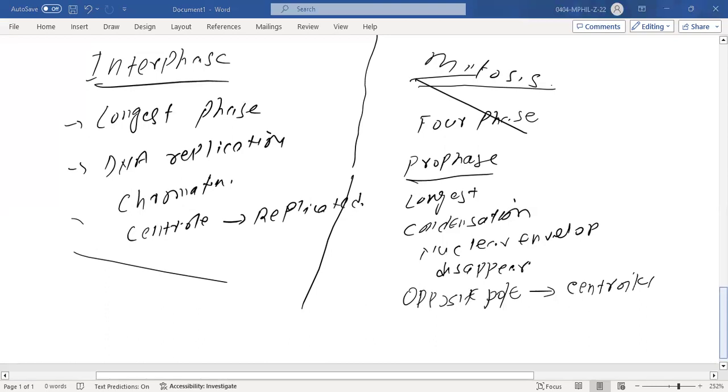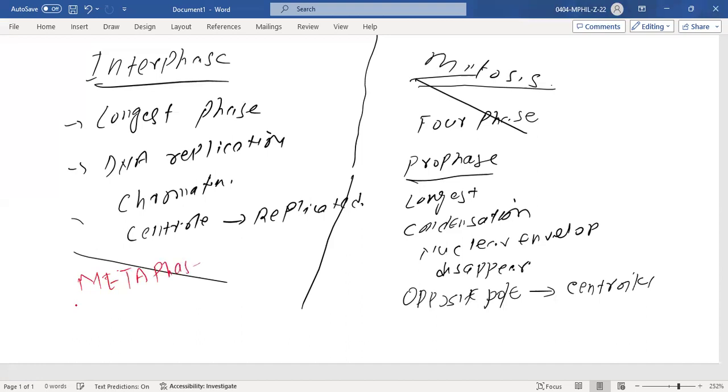Here we have five. Sir, your voice is not coming clearly again. Oh, okay. Now it's clear. So tell me about the metaphase. Sir, chromosomes will line up at the equator.